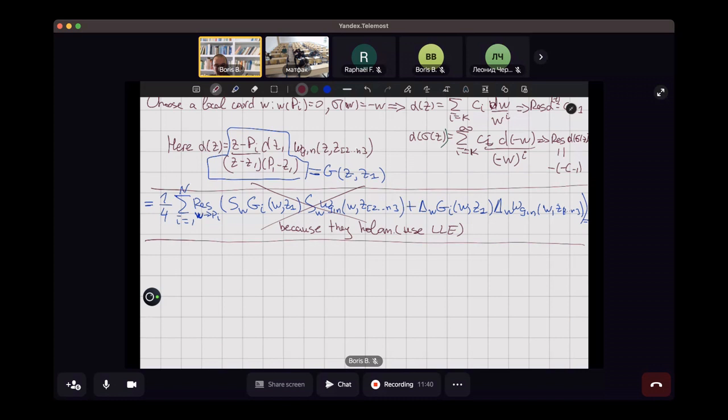Let me rewrite what we had: 1/4 sum residue w to pi, and we have only this delta delta w g I w z1 delta w omega g n. And so this is equal to what?